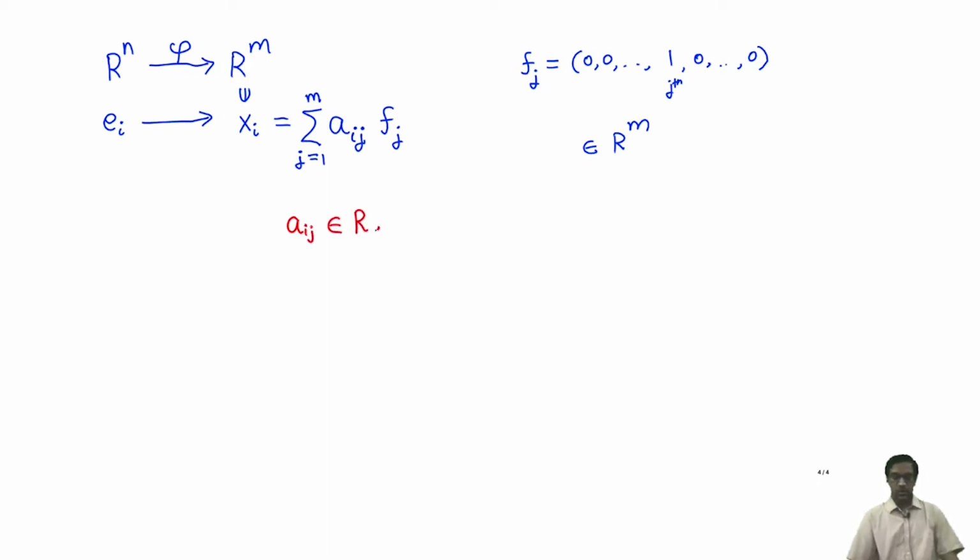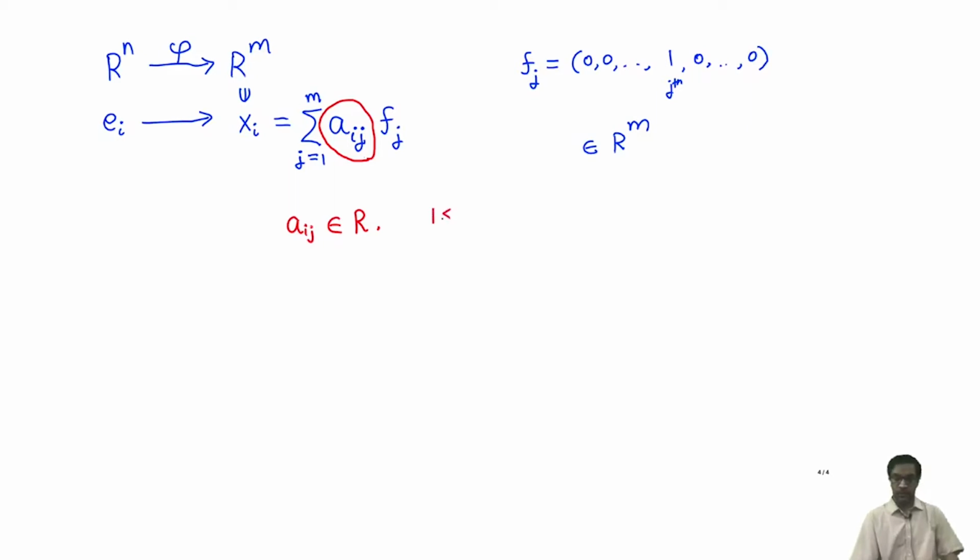So our previous discussion says that to specify a homomorphism from Rn to Rm, you just need to tell me what these n xi's are, or equivalently, you just need to tell me what these scalars aij are.